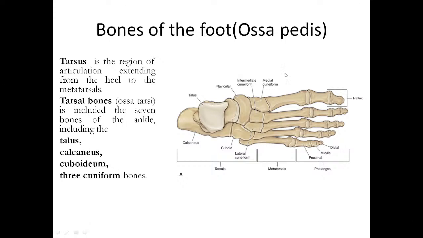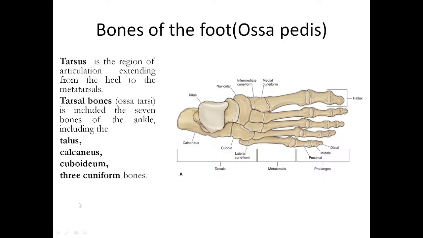You see the tarsal bones. The ossa tarsi include the seven bones of the ankle: talus, calcaneus, cuboideum, navicular, and three cuneiform bones: medial cuneiform, intermediate cuneiform, and lateral cuneiform.